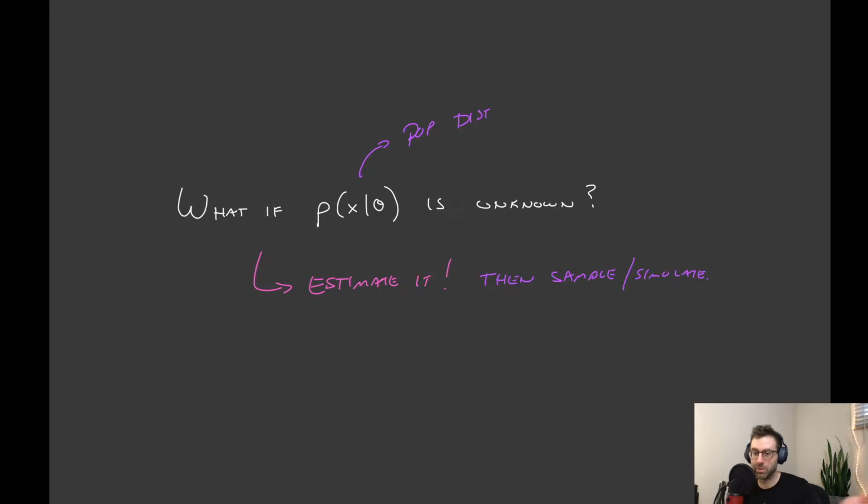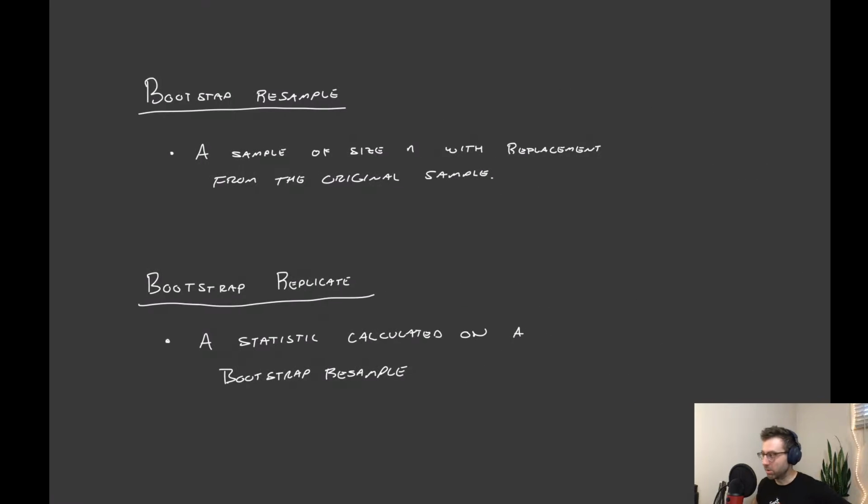That, in not so many words, is how the Bootstrap works, so we need to talk about that in a lot more detail. To define two quantities first, we're going to talk about Bootstrap resamples and Bootstrap replicates.